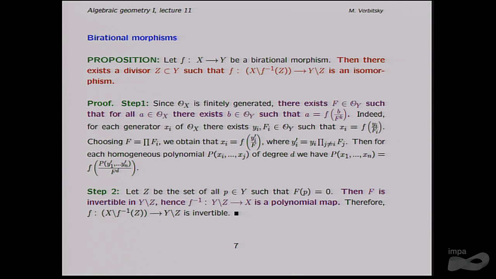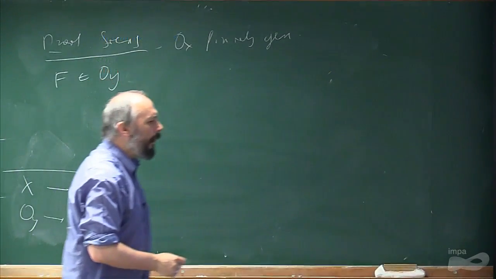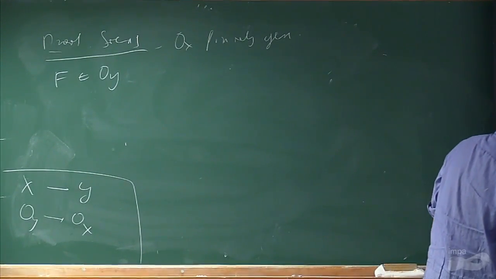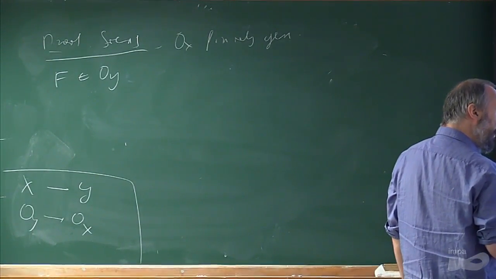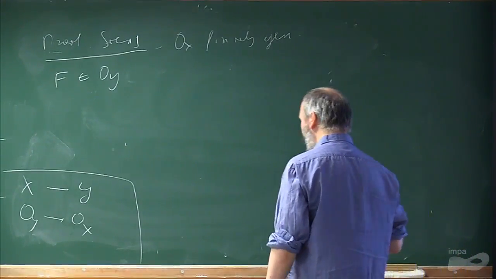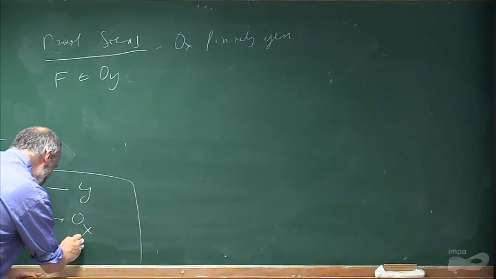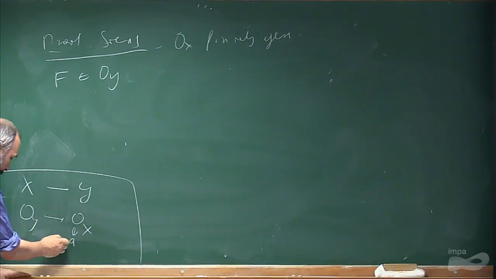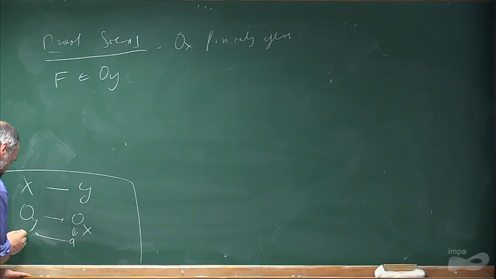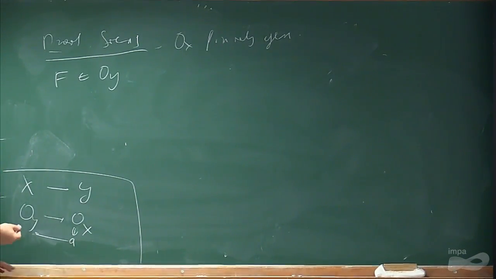So I'm going to invert it. For all generators here, for all a inside O_X, you can map a to some fraction b over r, right? Because on fractions it's an equivalence.